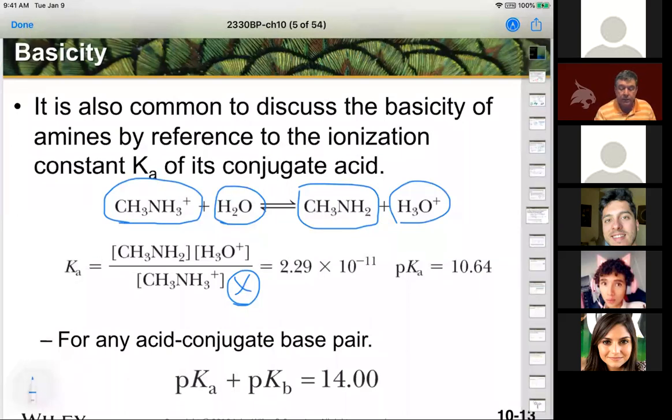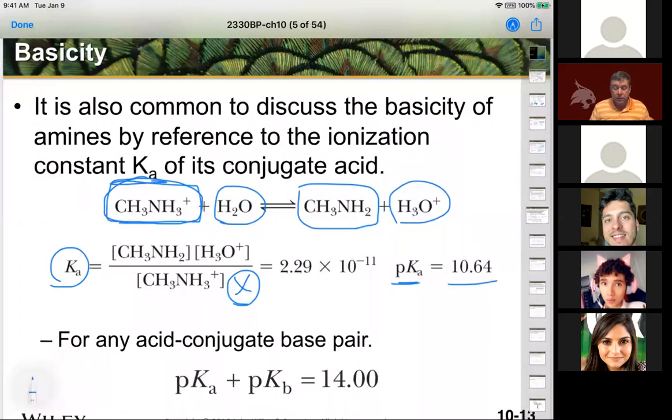Anyway, when we do this and we take our log of it, we find out that the pKa of this compound right here is 10.64. Okay, so the pKa of that protonated amine is 10.64. So water is about 15 and carboxylic acids are about 5. So it's somewhere in between those two.